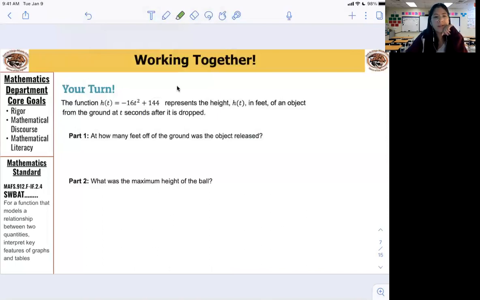All right, so let's start things off. Part 1: how many feet off of the ground was the object released? What is this telling me to look at?